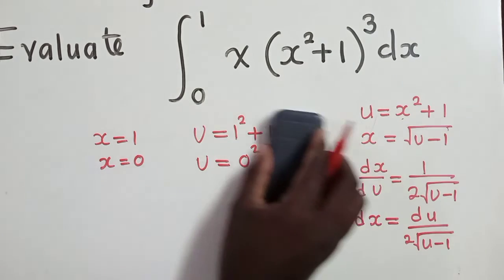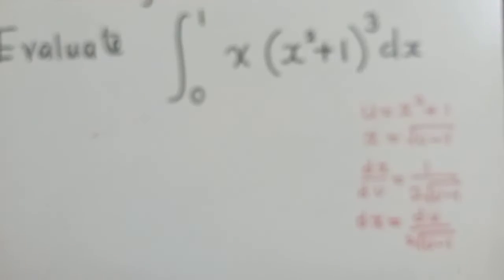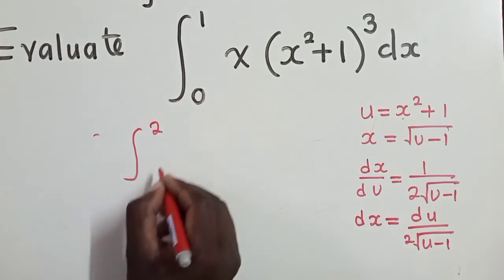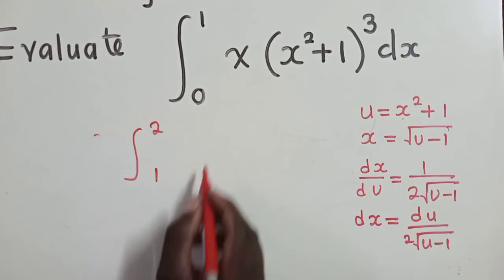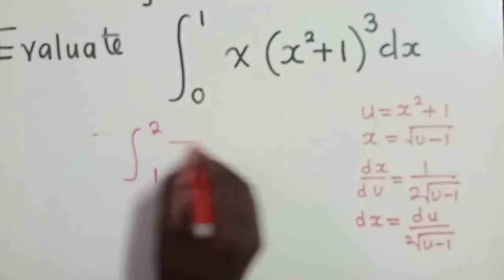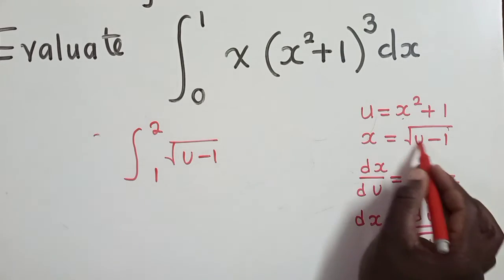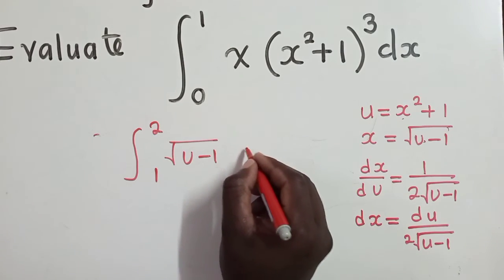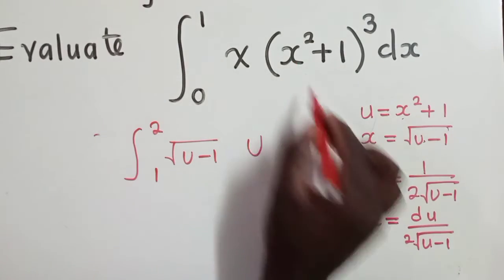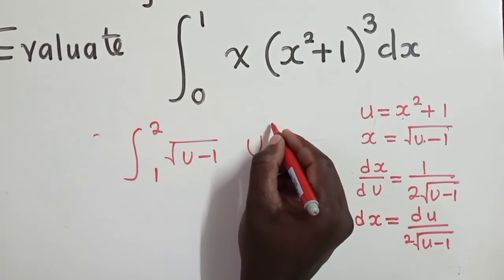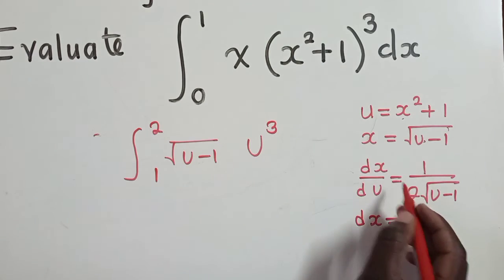Okay, now let's plug things back. We shall have the integral. The upper limit we know is 2 and the lower limit is 1. For the x here, we shall put this. We are changing x from here. And then we shall have a u, because we know that this is a u. U is what is here. So we shall substitute u to the power 3 there.